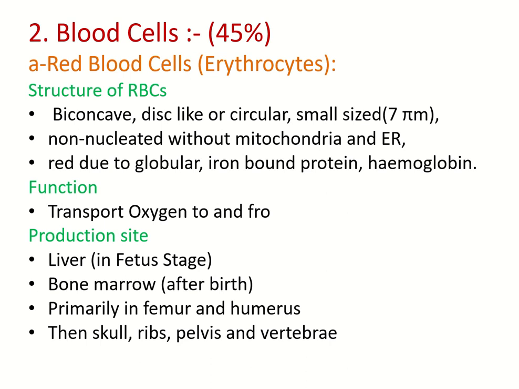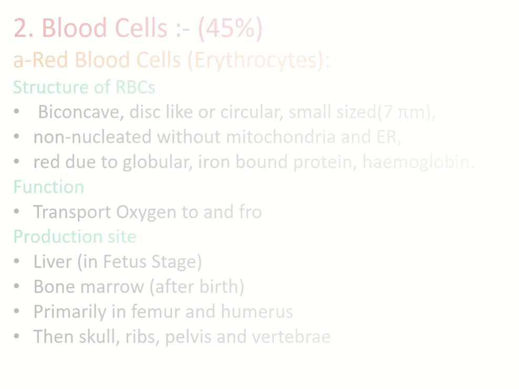Majorly within the fetus stage, when the baby or the embryo is within the womb of the mother, these are produced by means of the liver of the fetus. While after birth of the baby, the RBCs are formed within bone marrow of femur and humerus mostly because these are larger bones of the human body. Also, they can be produced by bones of skull, ribs, pelvis and vertebrae.